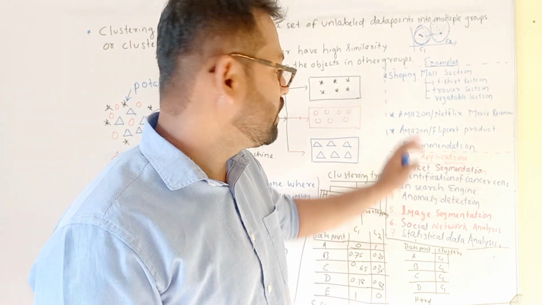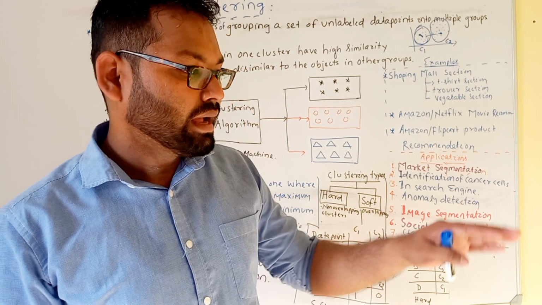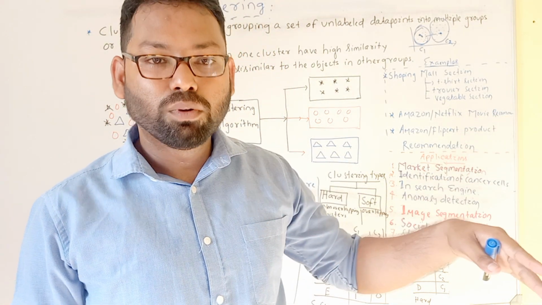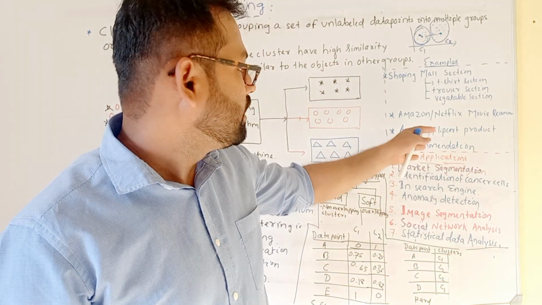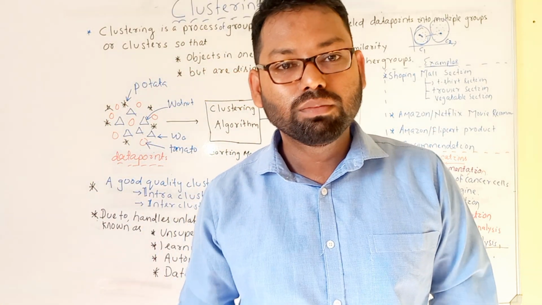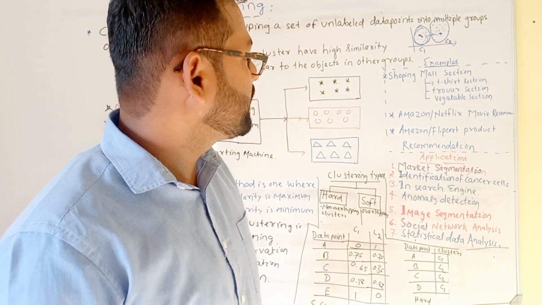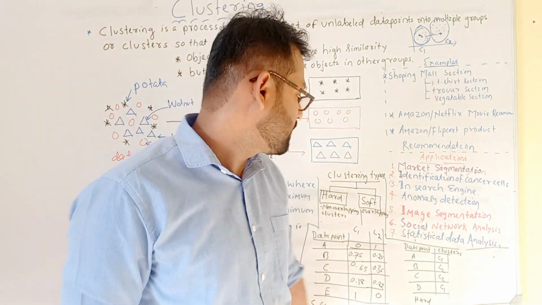Also, nowadays people do online shopping, and according to our purchase history and what kind of items we purchase, Flipkart and Amazon also recommend some items. So there also clustering is working.